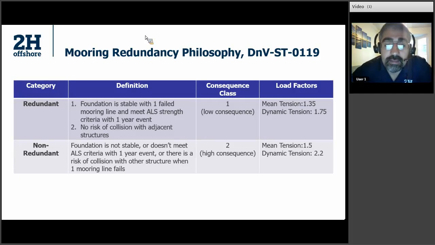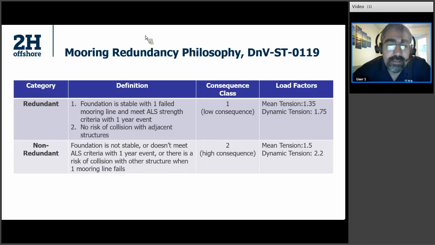And it is not the only criteria, even though it can meet the strength requirement with one failed mooring line, there should be no risk of collision with the adjacent structures. So it has to meet these two criteria for it to be called a redundant system.